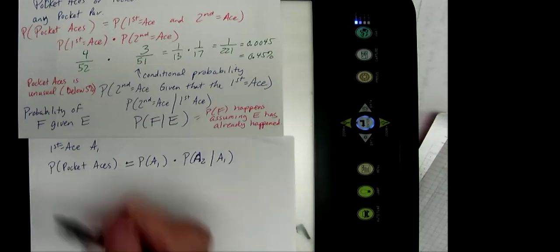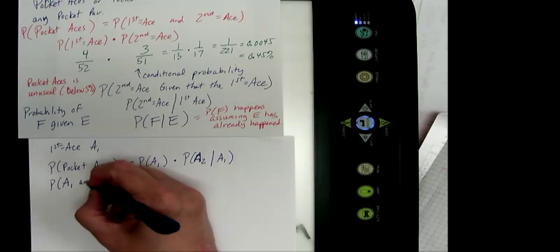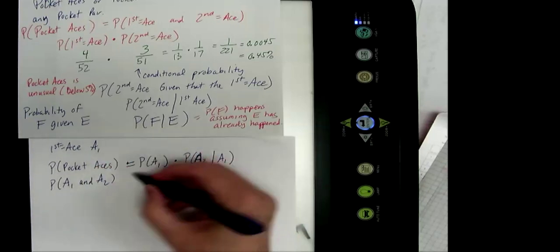This is the probability of getting an ace on your first card and an ace on your second card.